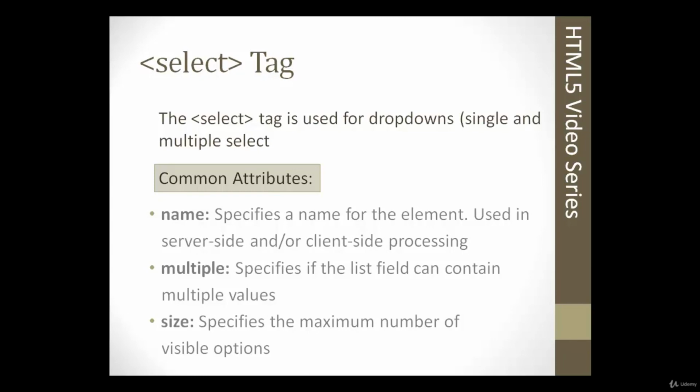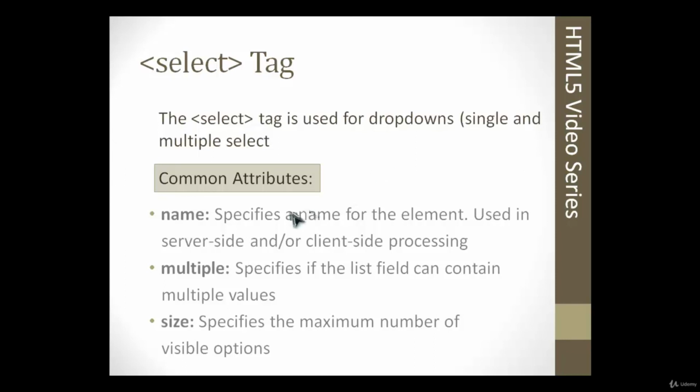The select tag is used for drop-down type fields. It's the single arrow that you click and select one, or it could be the kind where it's a list of options and you can hold shift or control and select multiple options.